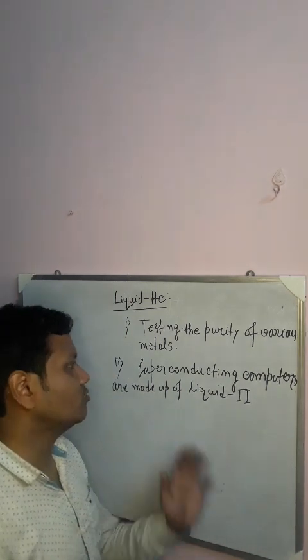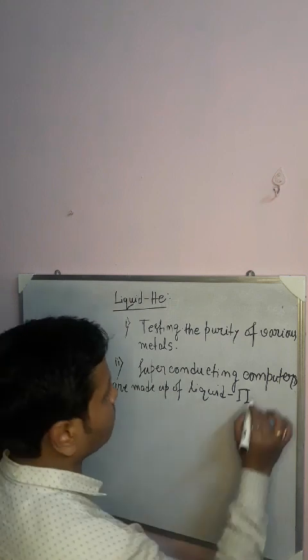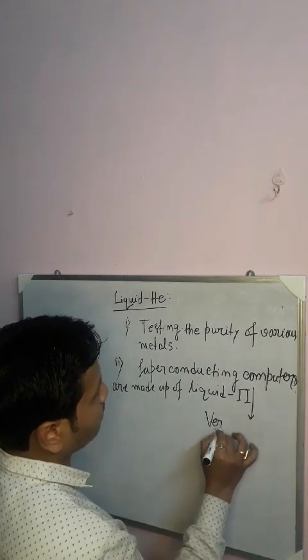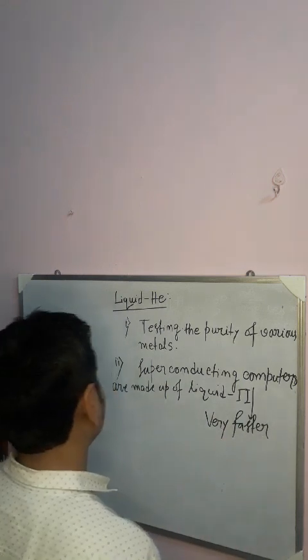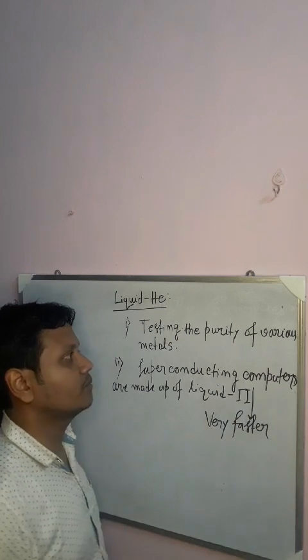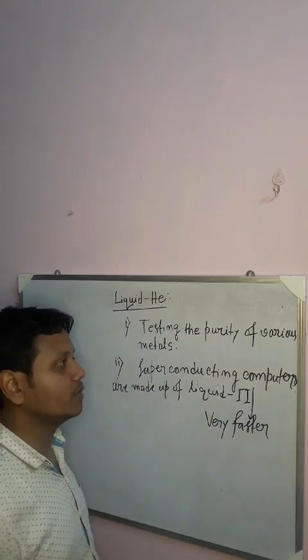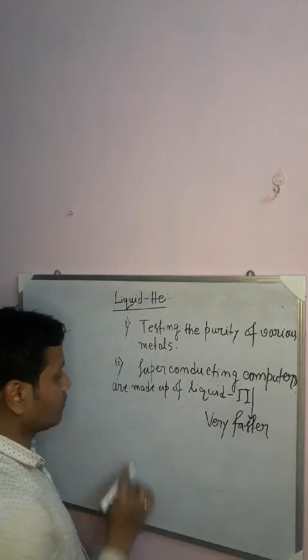So liquid helium is used in constructing superconducting computers, which are very fast, that we all know. So one can test a metal, whether it is pure or impure, by liquid helium. Also, it is used in superconducting faster computers.